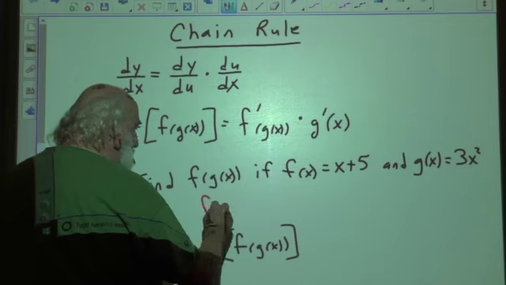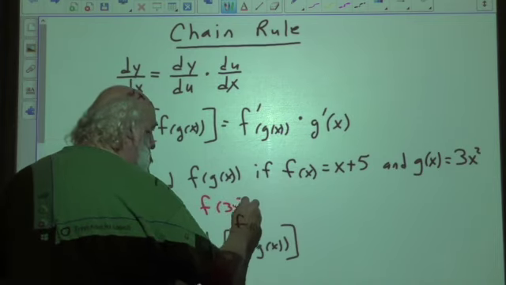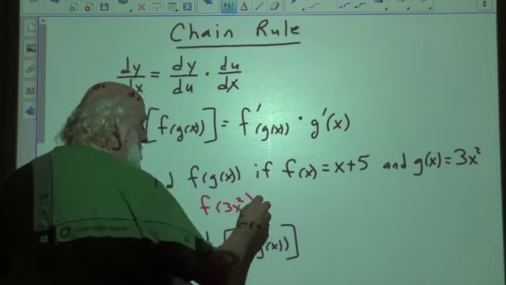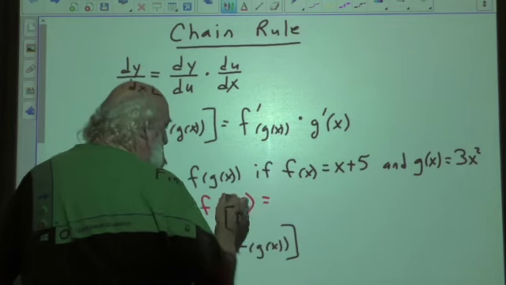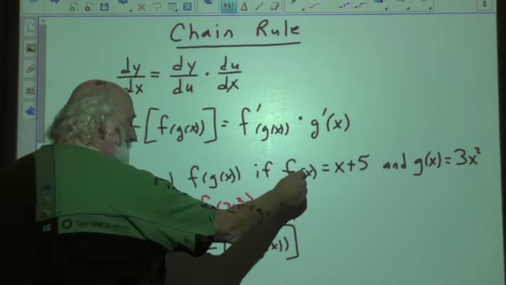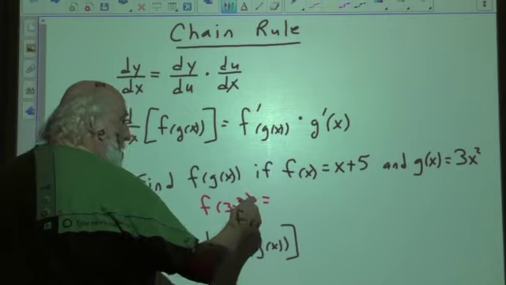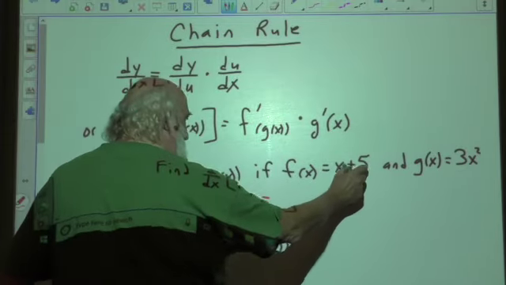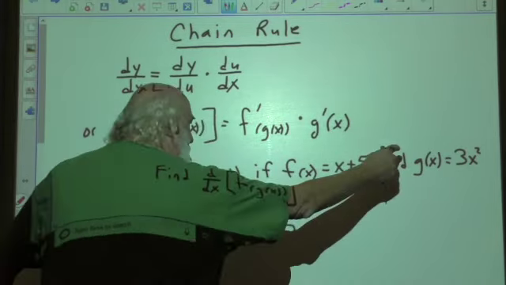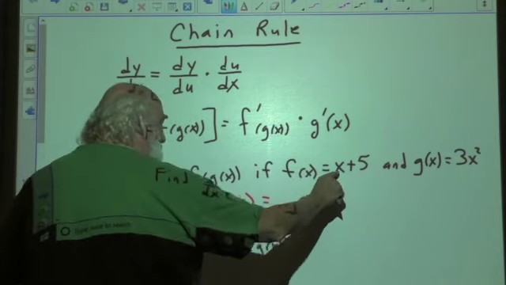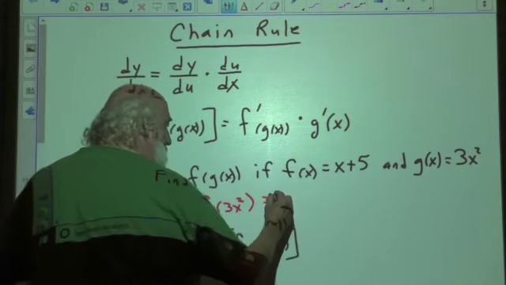So that becomes f of 3x squared equals, now that means the x is the value of 3x squared. That's going to come in and replace the x here with 3x squared.